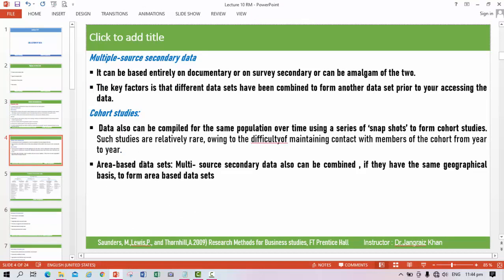Another type of the secondary data is multiple source secondary data. It can be based entirely on documentary or survey, or can be the combination of both types of the data. The key factors in the different data sets have been combined to form another data set prior to accessing the data.